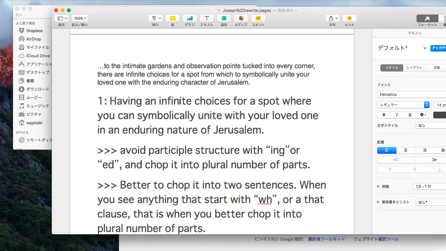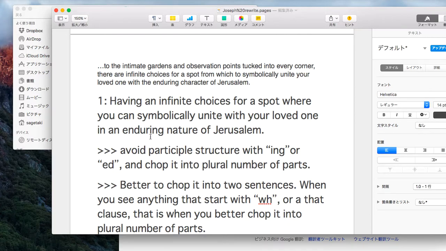Having infinite choices for a spot where you can symbolically unite with your loved one, I think it's structurally wrong, so we have to change the whole thing. I think the rewriter wanted to write something, but this is not a complete sentence. You have to make it into a complete sentence by adding something or by subtracting something that you don't need.